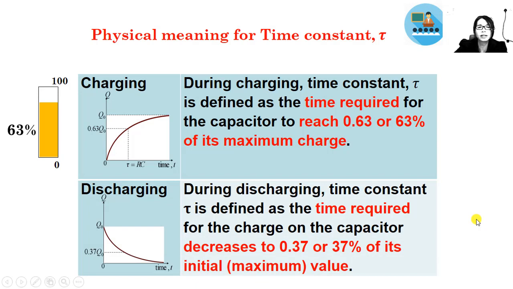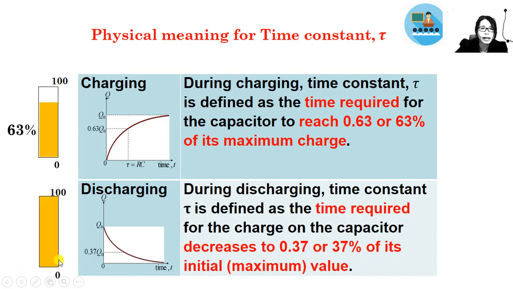What about the discharging process? During discharging, the time constant is defined as the time taken for the charge on the capacitor to decrease to 37% of its initial or maximum value.